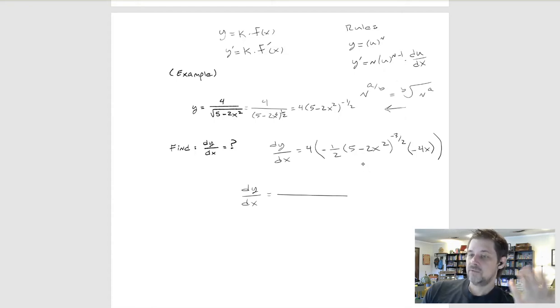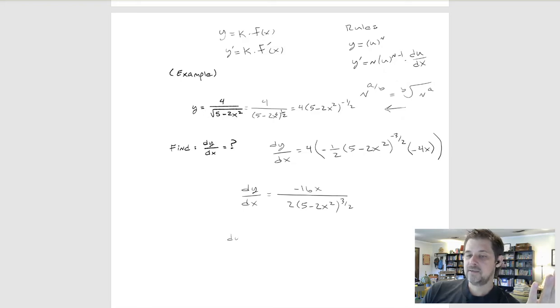Okay, so for example, I've got 4 and negative 4x on top. 4 times negative 4x, I'll get negative 16x above the bar. Below the bar, I've got 2. And with that exponent being negative, I could correct that and put that down here, 5 minus 2x squared, 3/2 power.